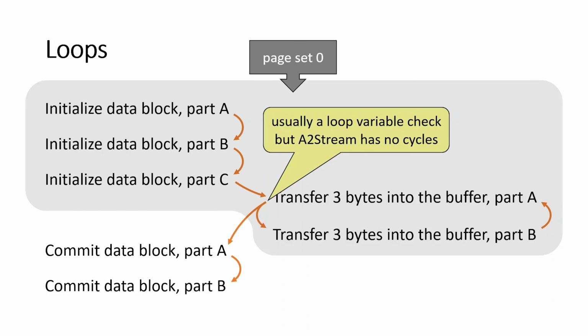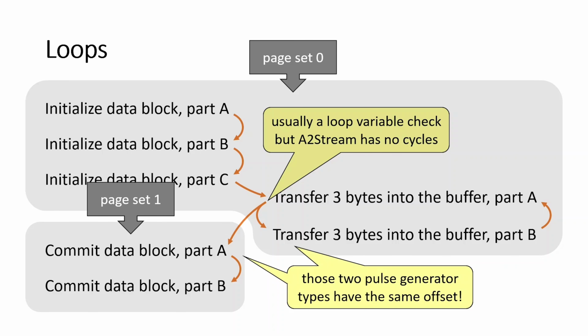So we put these pulse generator types into page set 0 and these pulse generator types into page set 1. And we make sure that those two pulse generator types have the same offset. Then the data can quit the loop by just switching between the one value range into the other value range.